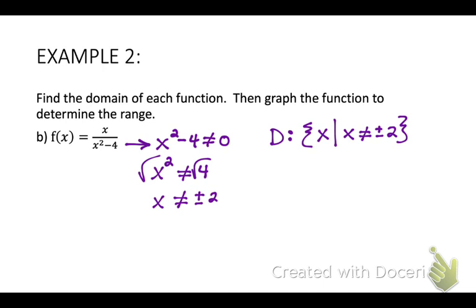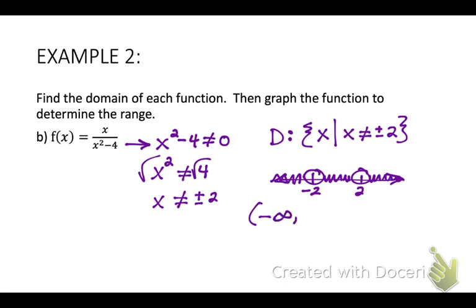So think about your number line. Here's my real number line. I have a gap happening at negative 2 and at 2. But everything else can be a solution. So if I just focus on this half, covering up this, how do I write this in interval notation? Well, my furthest left is negative infinity, and we're going all the way up to negative 2.